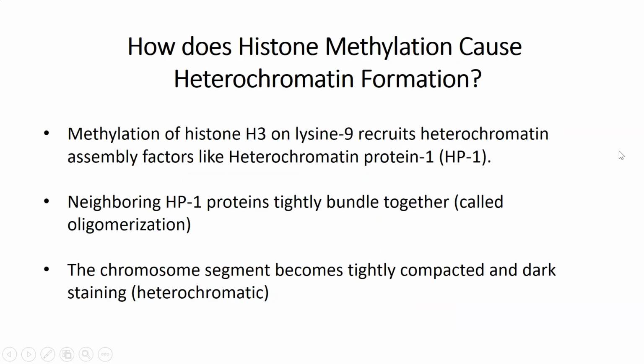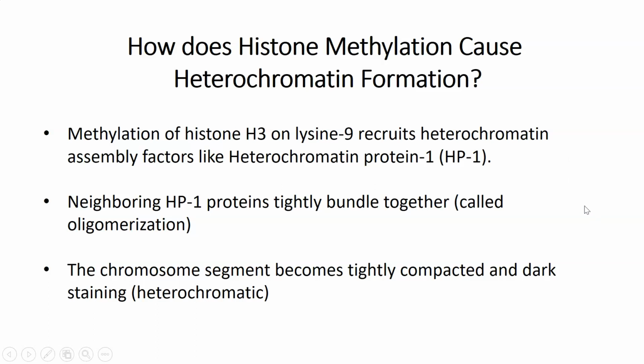Okay, so the question comes about, how does methylation result in tight packing? Loose packing is kind of the default state. Acetylation of histones maintains that default state. However, if the acetyl groups are removed and methylation of histone tails occurs, tight packing results. How does that come about?